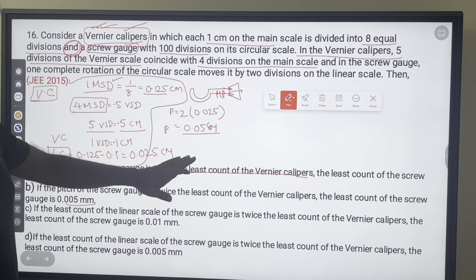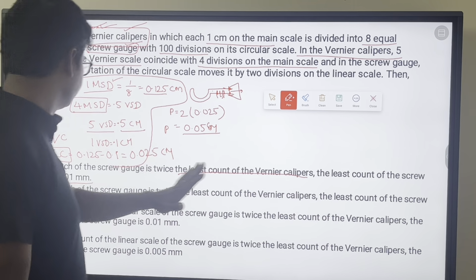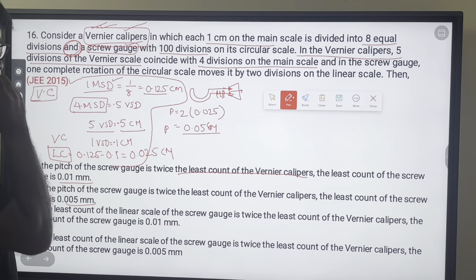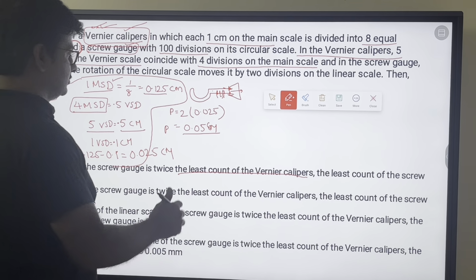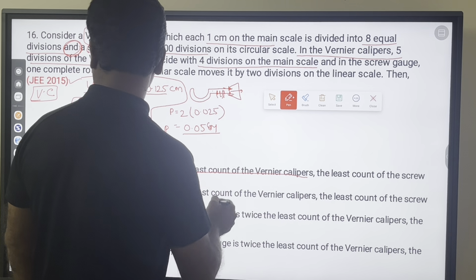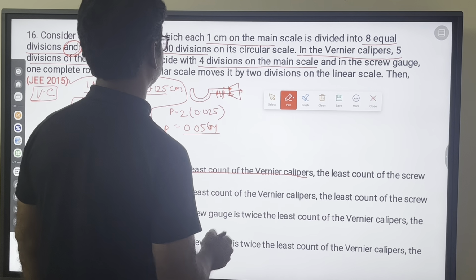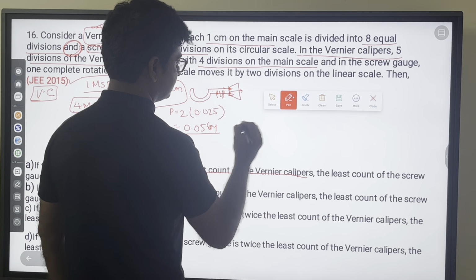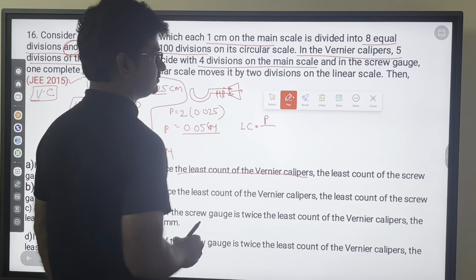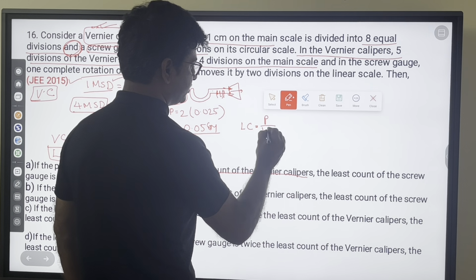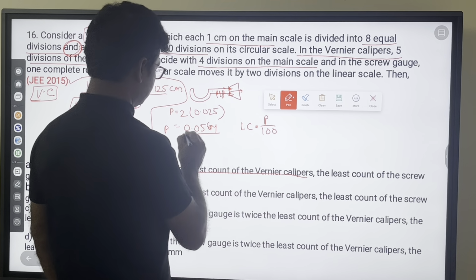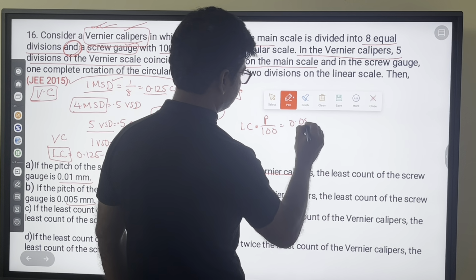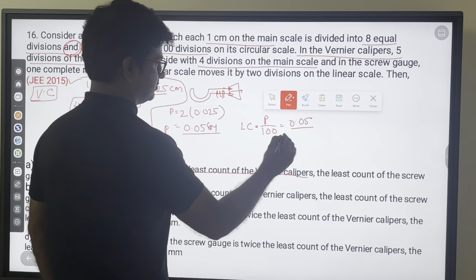So what is the least count of the screw gauge? It is pitch divided by the number of divisions on the circular scale. Considering the pitch as 0.05 centimeters, divided by 100.